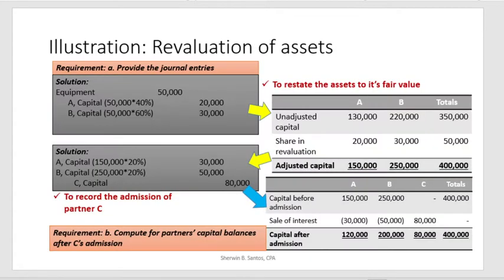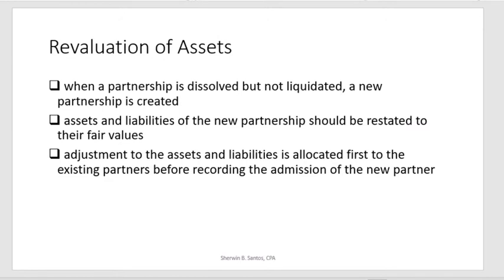What happens when the assets of the new partnership have changed, or the fair values of the assets are not the same as what is recorded in the books of the partnership after it has been dissolved? When a partnership has been dissolved but not liquidated, a new partnership is created. The assets and liabilities of the new partnership should be restated to their fair values.